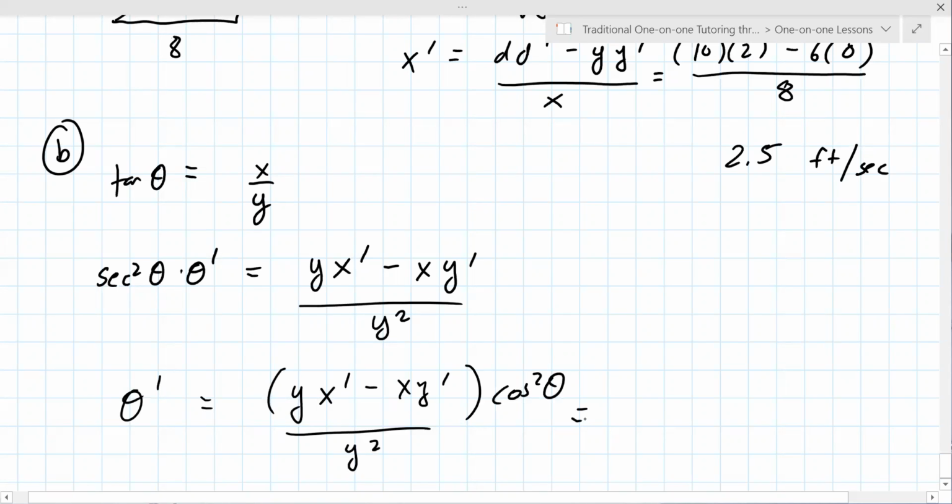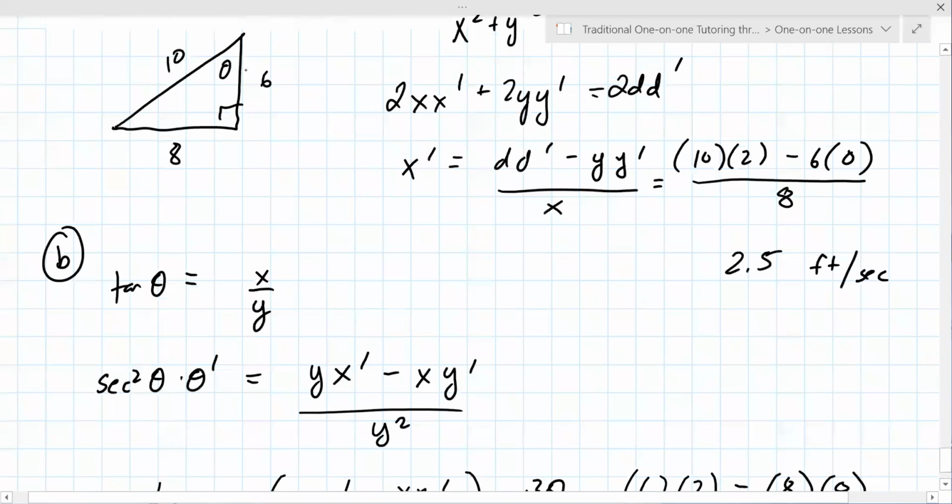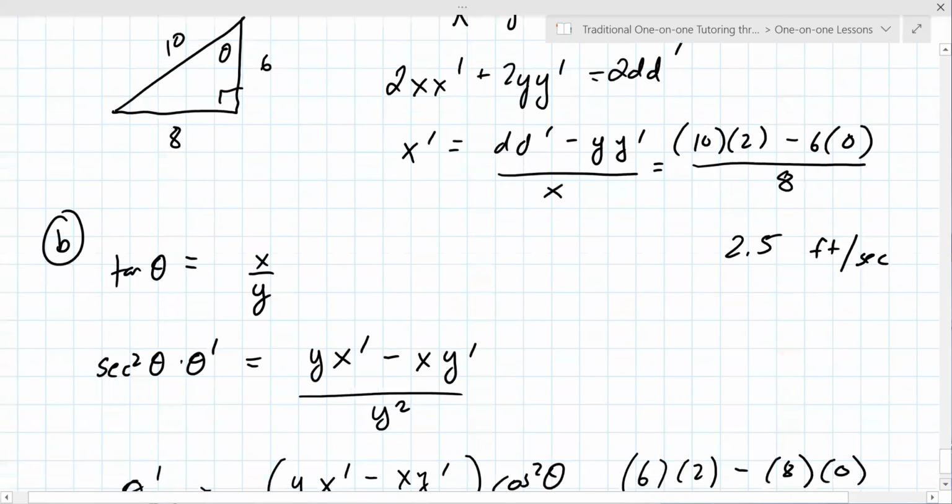We just have to get the numbers in again. So y is 6, x prime is 2, x is 8, y prime is 0, over y, 6 squared. Cosine theta, so here's theta, is 6 over 10, so it's 3/5 squared.